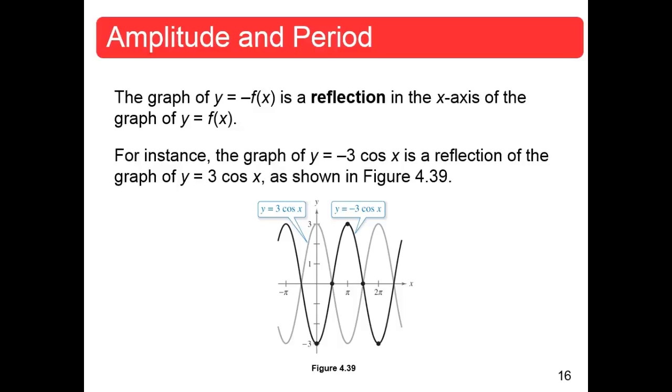That gets you started. Now, from there, what's the period of cosine x? 2 pi, exactly. Normally the period of a sine or cosine function is 2 pi.